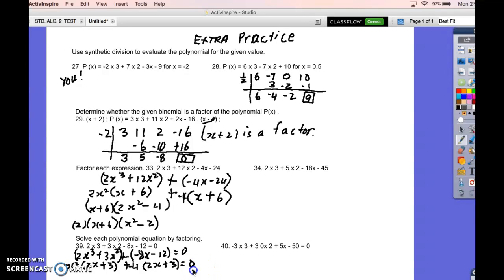Okay, so I'm going to go over here and say 2x plus 3 is common. And that leaves me x squared minus 4. X squared from the left term, and then minus 4.